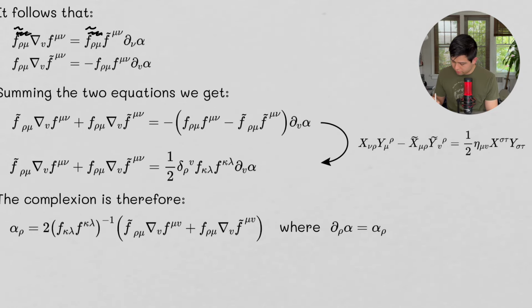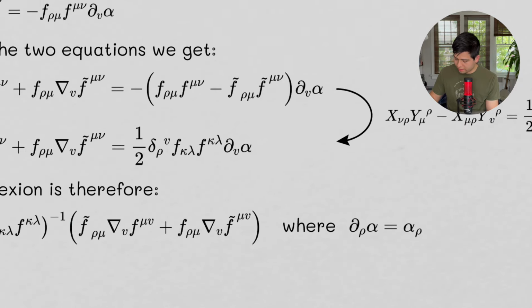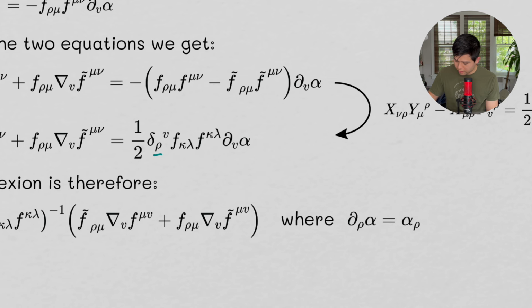So here we have rho, again, I like color coding, rho and rho, and then nu and nu and nu, just to see where everything is going here, and then mu, and I'll do yellow for mu.